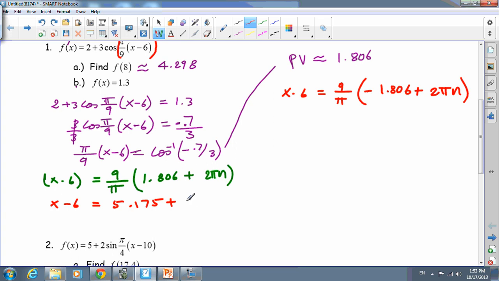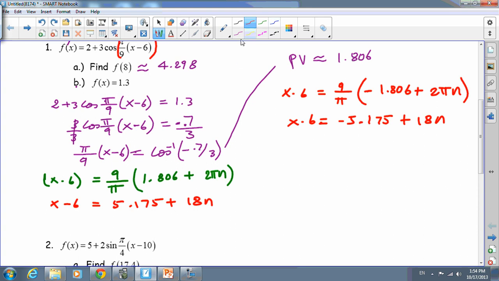Pi and pi will cancel, it's just 18n. Doing the same thing on this side, you will end up with x minus 6 is equal to 9 over pi times this negative, which will give you negative 5.175 plus the same 18n.